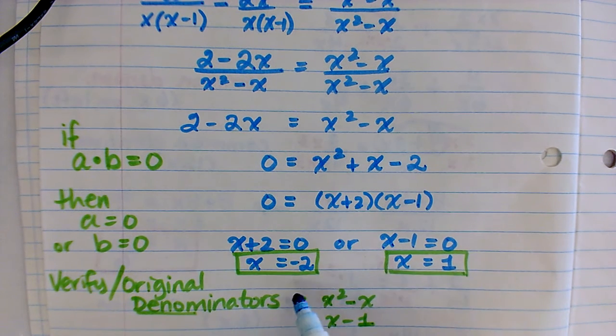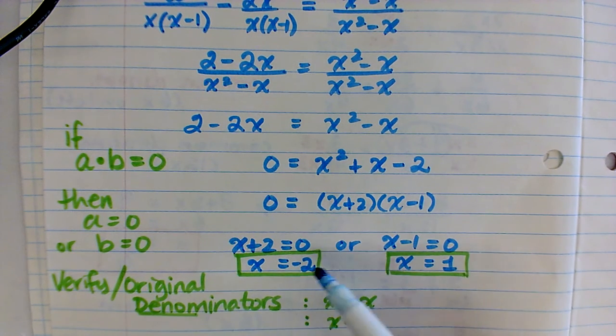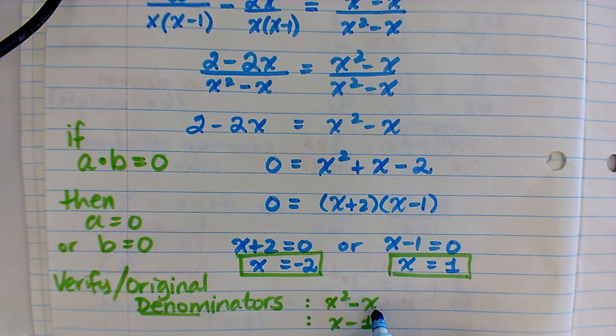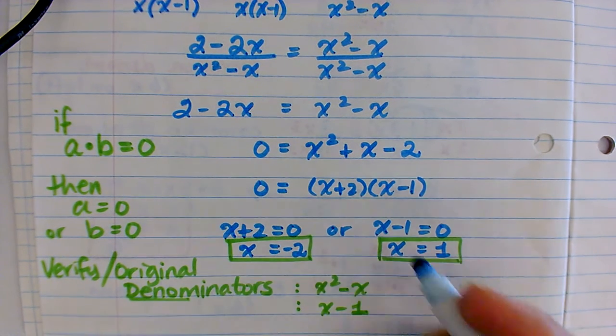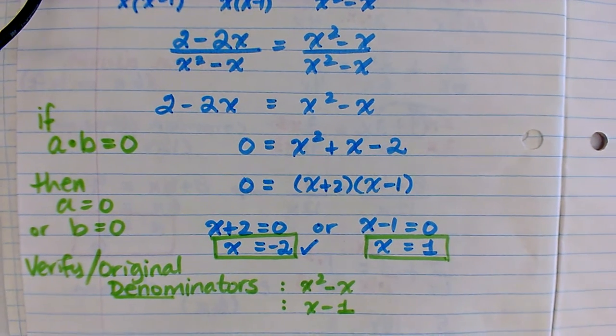Okay, so if I substitute now, if I put a negative 2 into each of these expressions, then in this one, negative 2 times negative 2 is 4. 4 minus negative 2 is 6, so that works out to 6. And then here I would end up with negative 2 minus 1 is negative 3. That's fine, that's a real value. So x equals negative 2 generates real values.